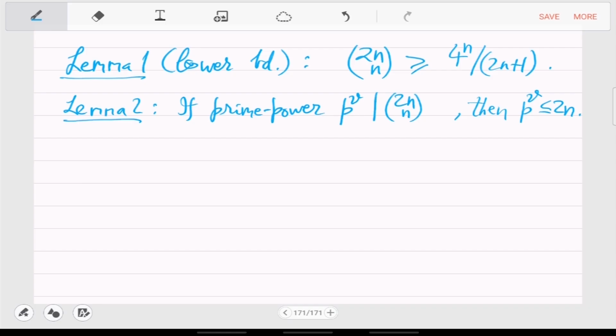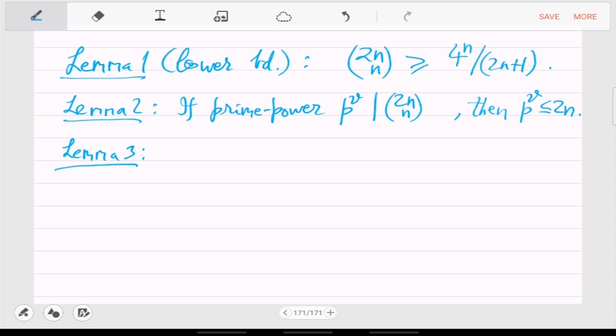Okay. So p is a prime, v is some exponent. If p raised to v is a factor of 2n choose n, notice that 2n choose n is a very big number. It's like 4 raised to n. So a prime could also have been as big as 4 raised to n, but it cannot be. This lemma says that it's at most 2n, which is ridiculously small compared to the value of 2n choose n. So this is a tricky lemma. We have to see the sketch next time.